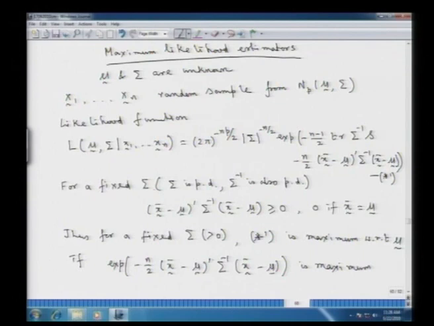Now, this exponent is going to be maximized if the part sitting in the negative part of the exponent is minimized, that is, if x bar minus mu transpose sigma inverse x bar minus mu is minimum.